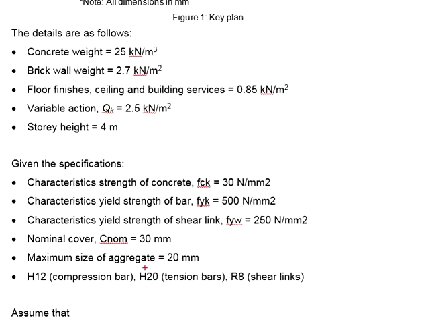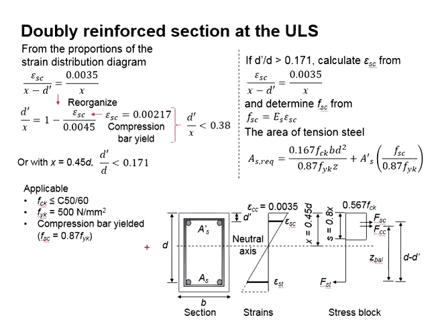The intended tension bar is H20, and the intended shear link will be R8. You can sketch the cross section of the beam for you to determine the effective depth. Taking this as an example, now your beam width is 200 and the height will be 450.